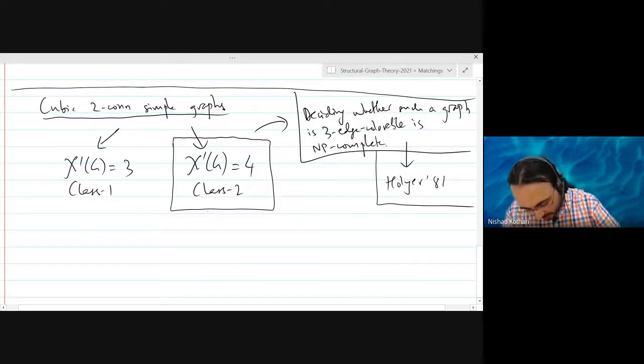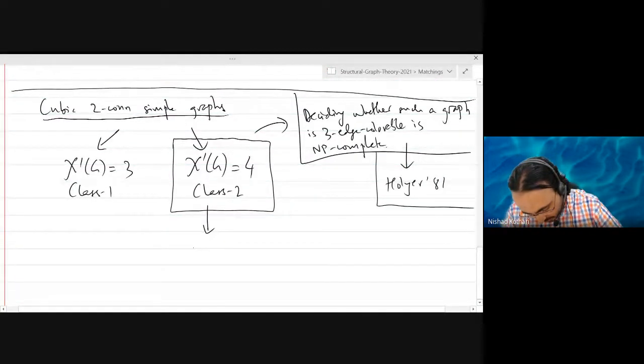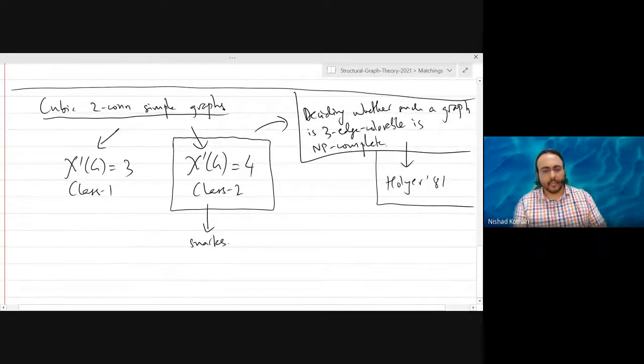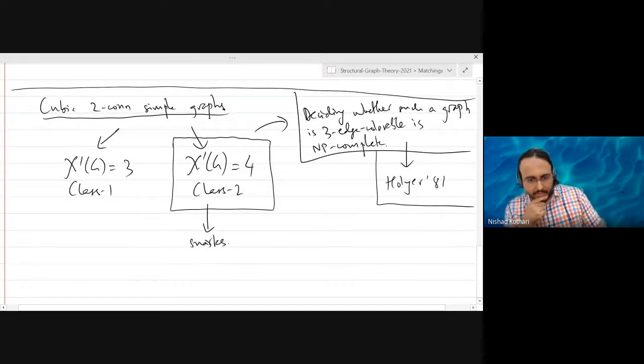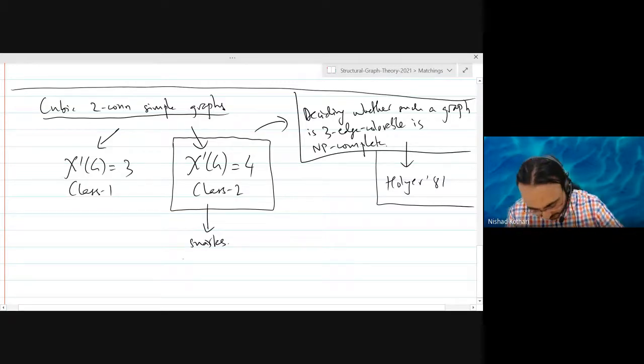And these graphs have a special name. They are called snarks. This is motivated by Lewis Carroll, where there is a poem called The Hunting of the Snark, which is an elusive creature. And in the same sense, snarks are particularly elusive graphs.